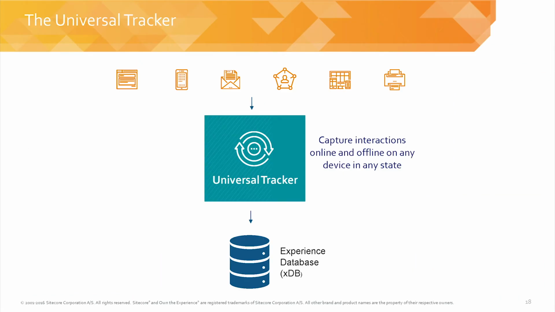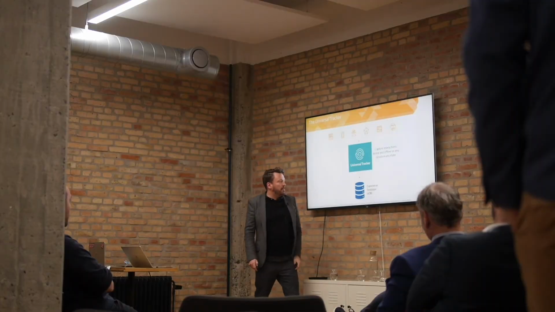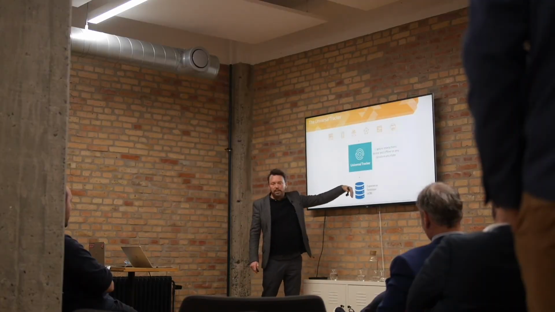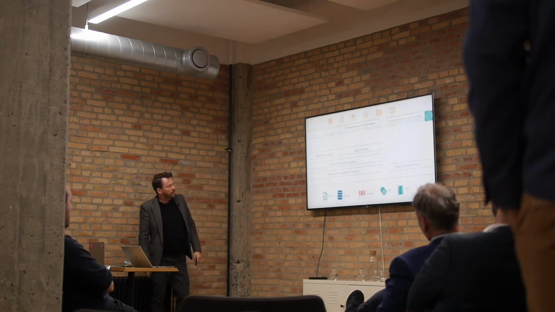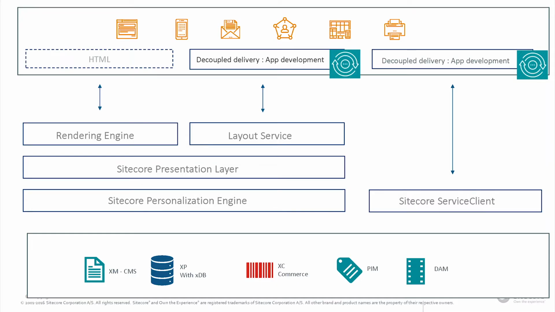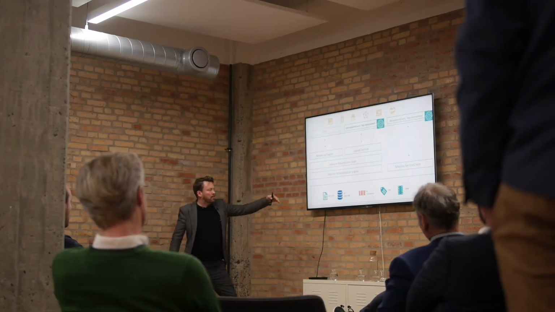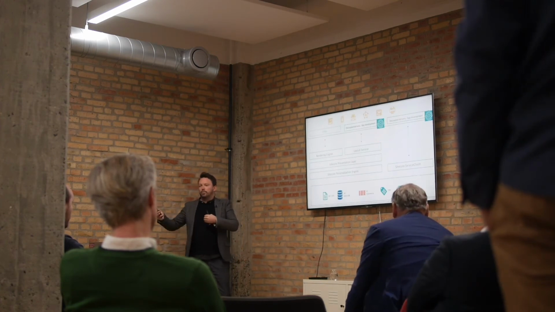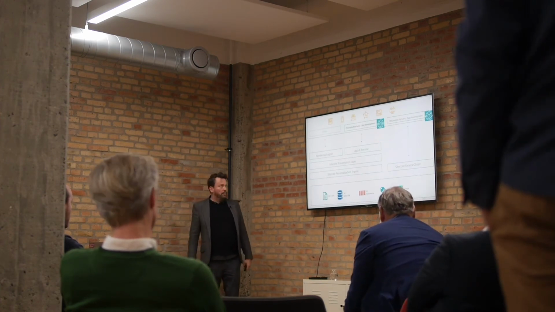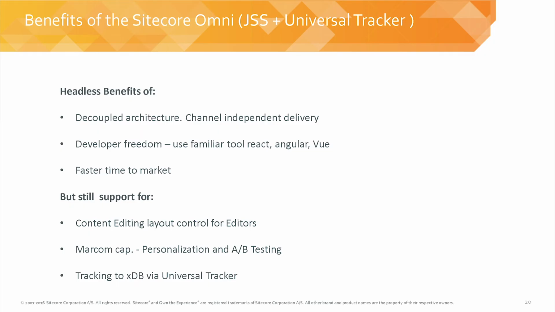The point is that you can add that to basically any device, and it can feed the tracking down into the XDB database. So if you add that, it would be up around here in the app development that you would add the universal tracker. So you can still collect the data and still create these connected experiences, but getting out into more channels and getting the benefit of the headless development.